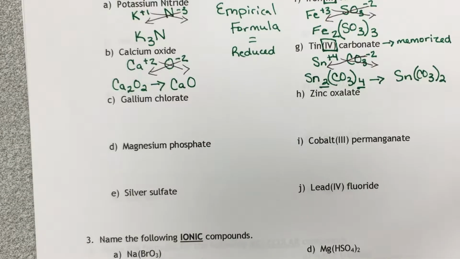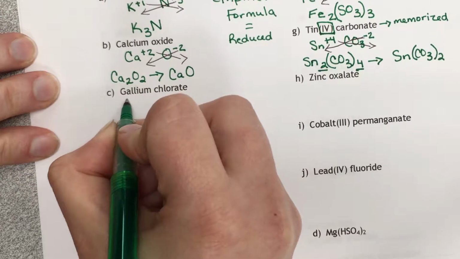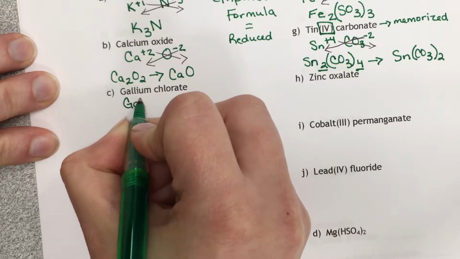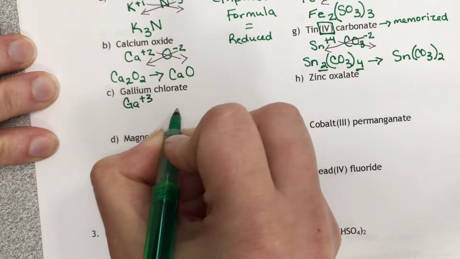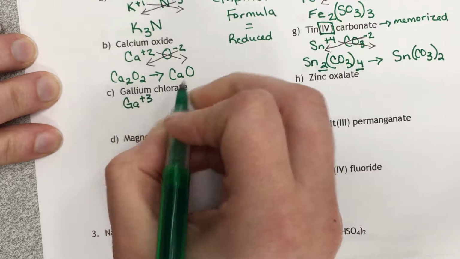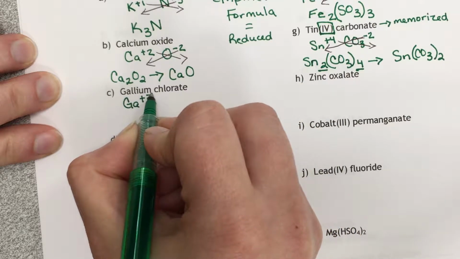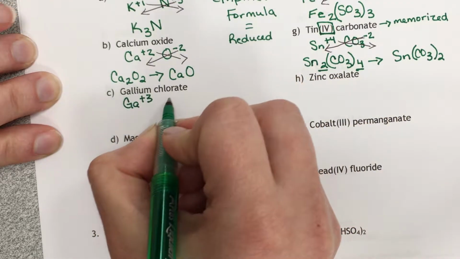So we're going to put gallium, Ga, +3. Okay, so that's it. If it had more than one charge, because it is one of those metals in the weird place, it would indicate which charge to use with the Roman numeral. But since it's only one charge, we don't have to have a Roman numeral.